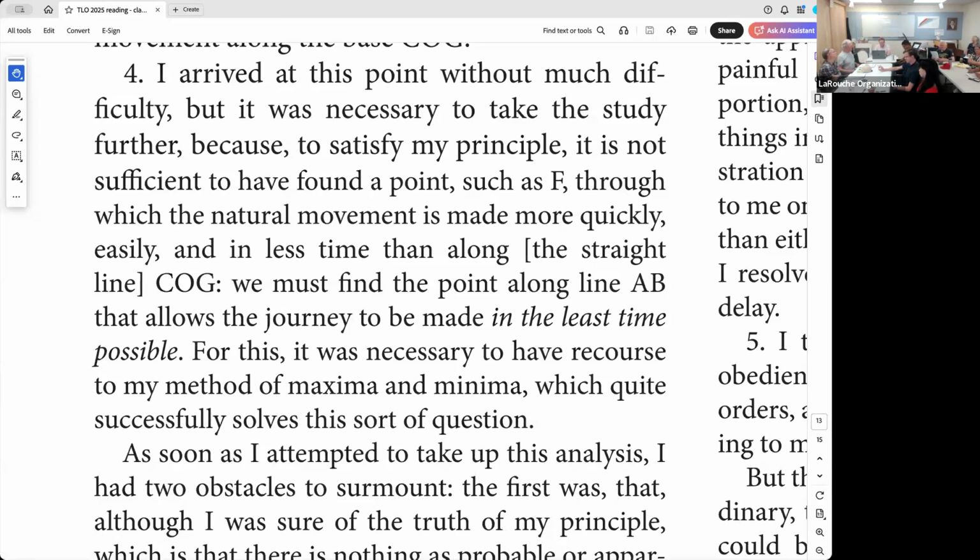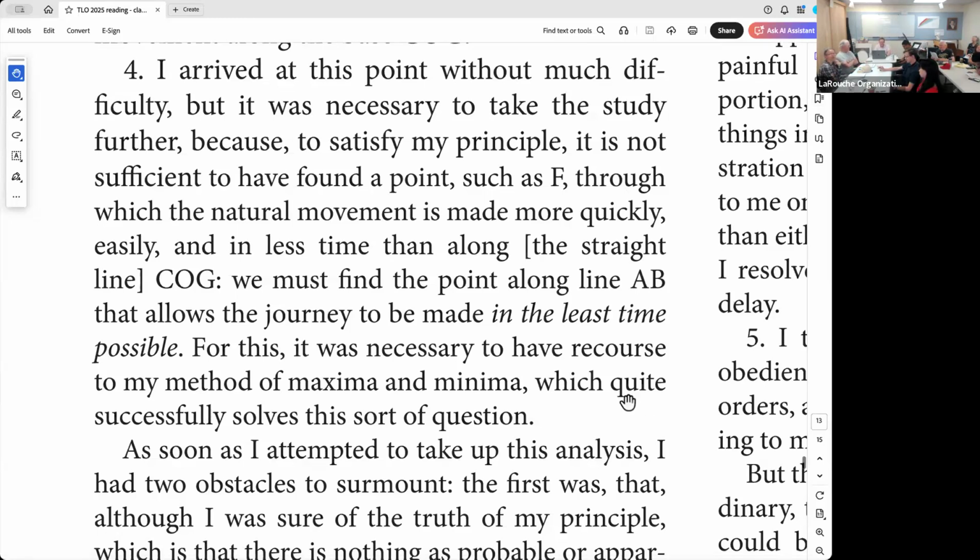I arrived at this point without much difficulty, but it was necessary to take the study further because to satisfy my principle, it is not sufficient to have found a point such as F through which the natural movement is made more quickly, easily, and in less time than along the straight line COG. We must find the point along line AB that allows the journey to be made in the least time possible.